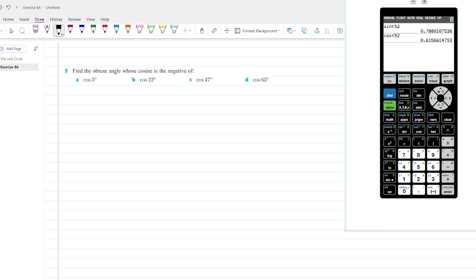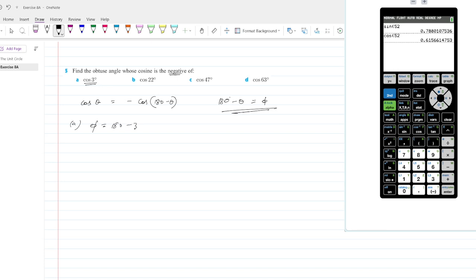Find the obtuse angle whose cosine is negative of this value. We have just seen that cos theta equals negative of cos 180 minus theta. Now considering 180 minus theta as phi, phi equals 180 minus theta.